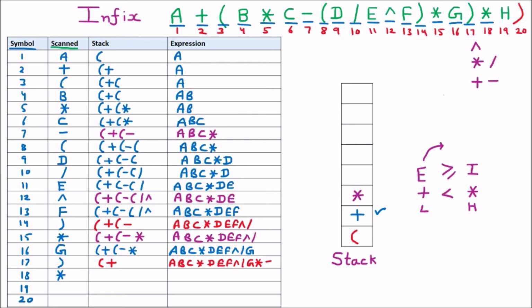So the stack entries are now bracket, plus, star, and the expression will remain the same, that is ABC star DEF power slash G star minus. So that is the expression. Now we are going to scan the next element.